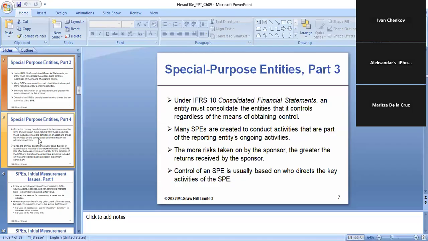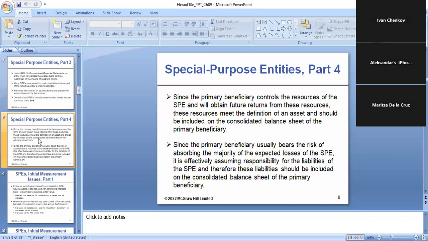Many of the special purpose entities are created to perform activities that are part of the reporting entity's ongoing activities. And obviously, more risk will then be taken by the sponsor. Control of the special purpose entity is usually based on who directs the key activities in that special purpose entity. So most likely that will be the sponsor.